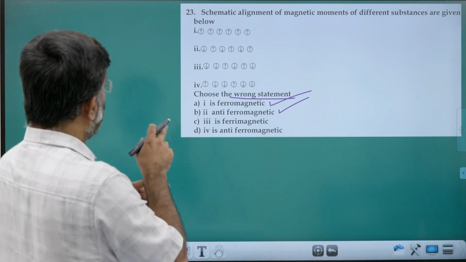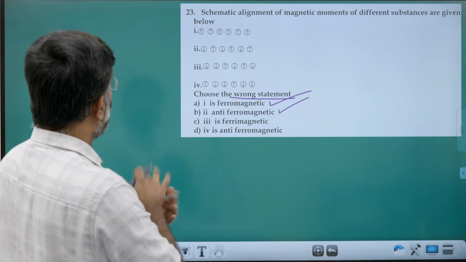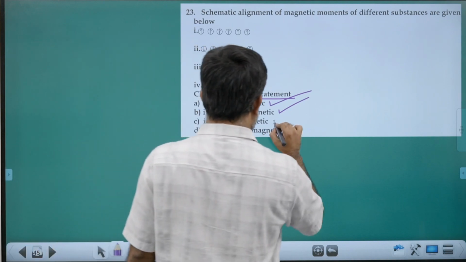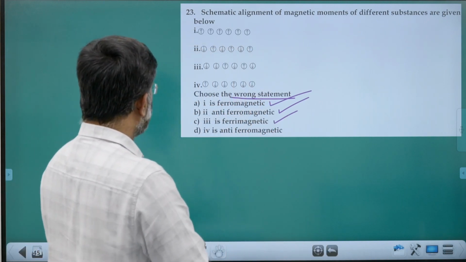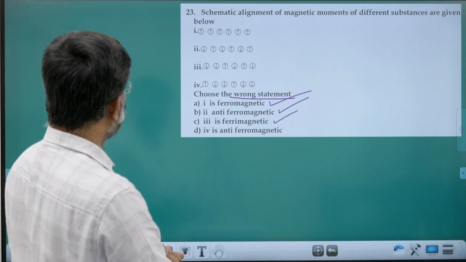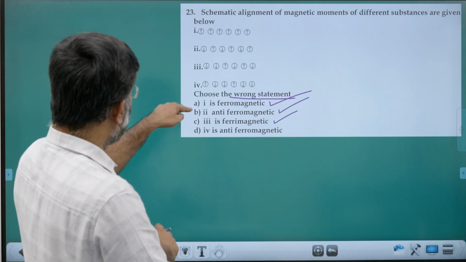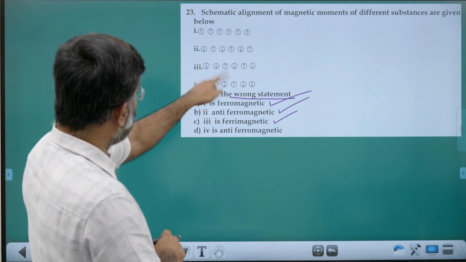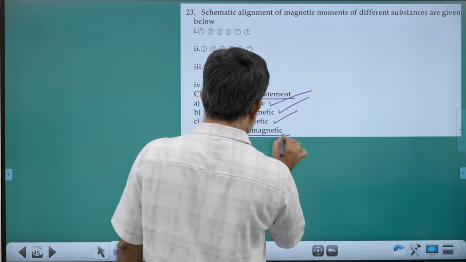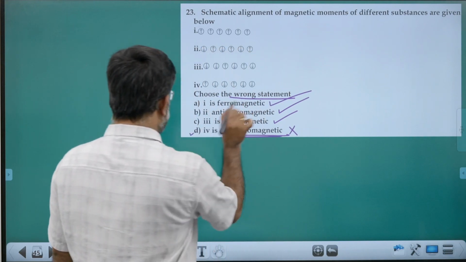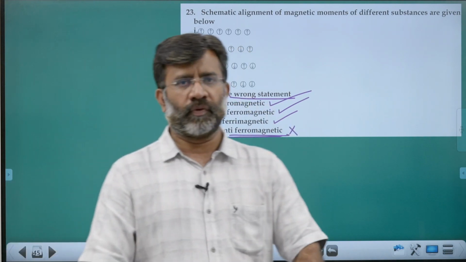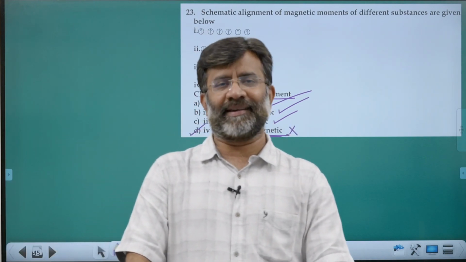Down, down, up, down, up, down. Yes, that is ferrimagnetic. 4 is antiferromagnetic. Up, down, down, up, down, down. No, this is not antiferromagnetic. That is also ferrimagnetic. Fourth one is ferrimagnetic.